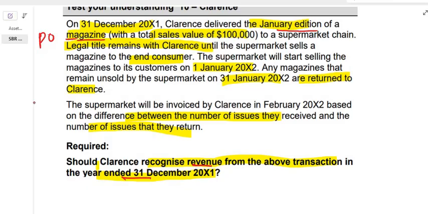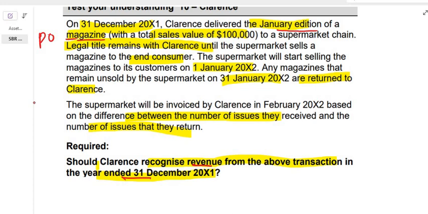Now, indicators of control transfer. Let's talk about the indicators of control transfer. While the supermarket has physical possession of the magazine, so this magazine has been transferred, it means that the physical possession was with the supermarket on 31st December 2001. Clear?